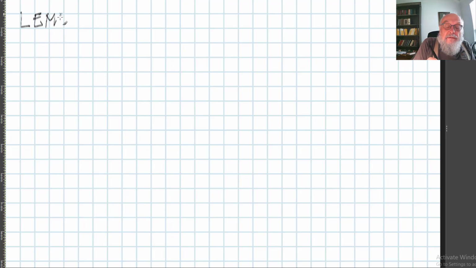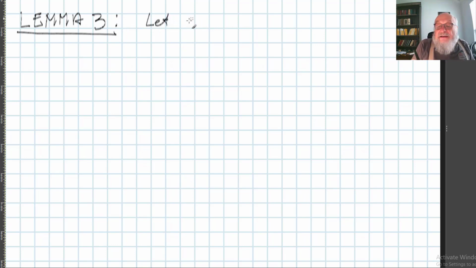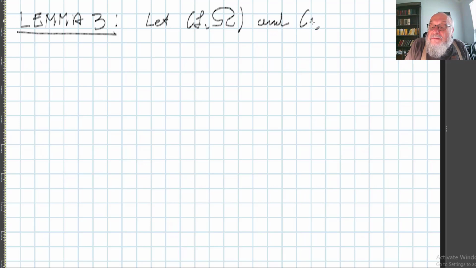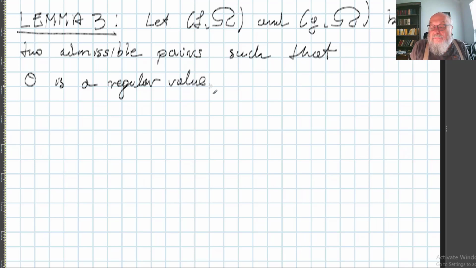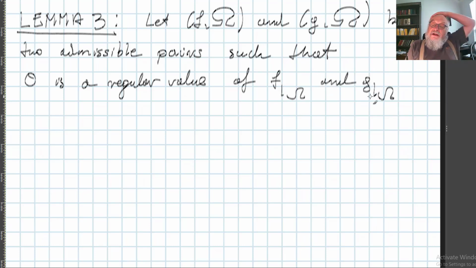Lemma number 3, and let me specify it. Let f, omega and g, omega be two admissible pairs such that 0 is a regular value of f restricted to omega and g restricted to omega.